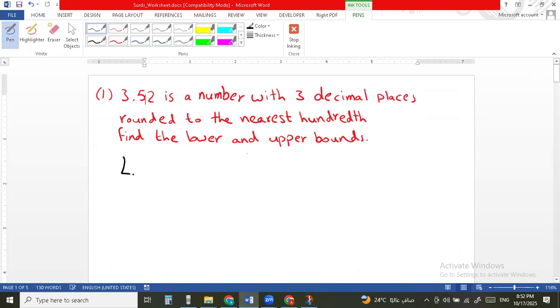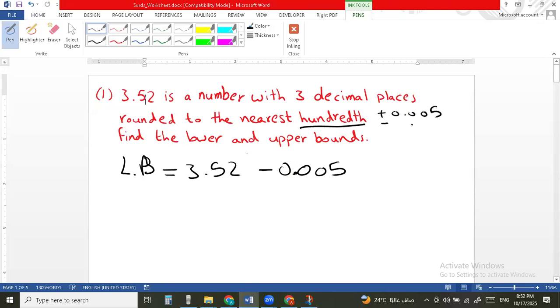Okay, the lower bound is actually what? 3.52, but I'm going to minus from it 0.005. If it is rounded to the nearest hundredth, then I need to add or subtract 0.005. You add for the upper bound, you subtract for the lower bound.